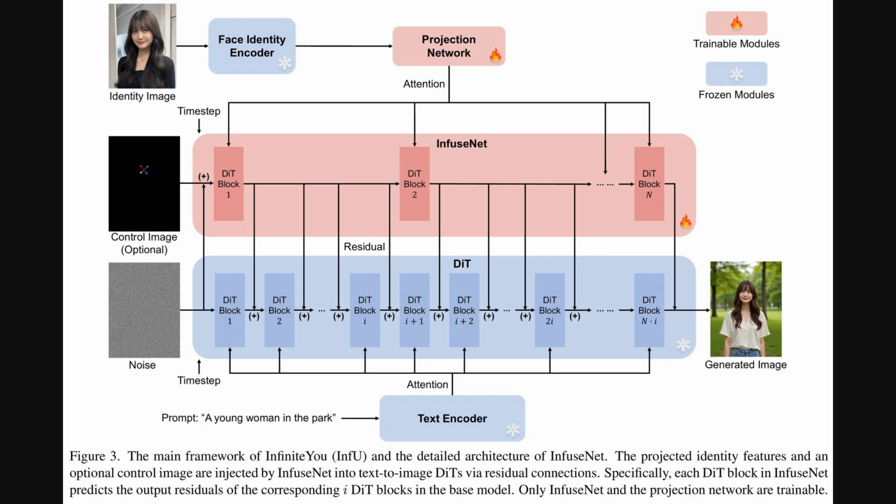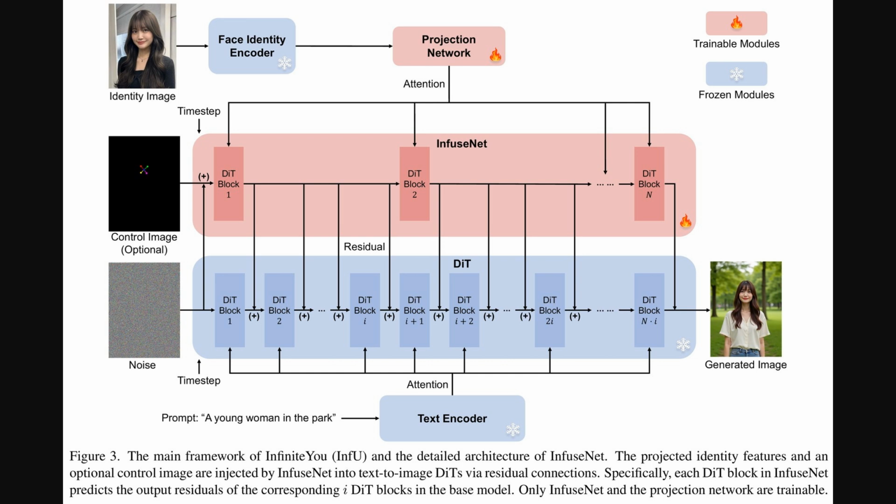Okay, so we saw what InfiniteYou can do and how it compares. Now, Figure 3 here gives us a look under the hood at the actual architecture. We see the identity image on the top left gets processed by a frozen face encoder, then a trainable projection network. This identity information, along with an optional control image, feeds into this special red block called InfuseNet.